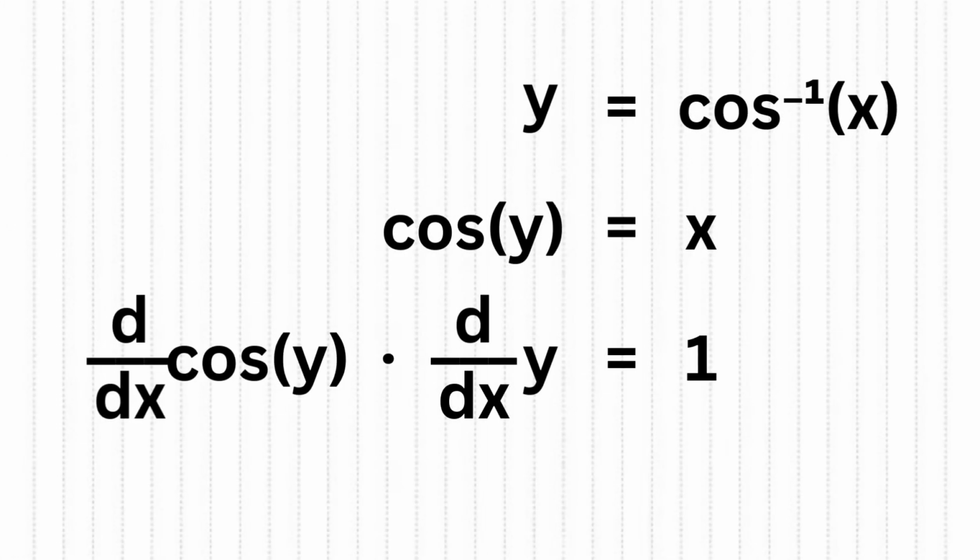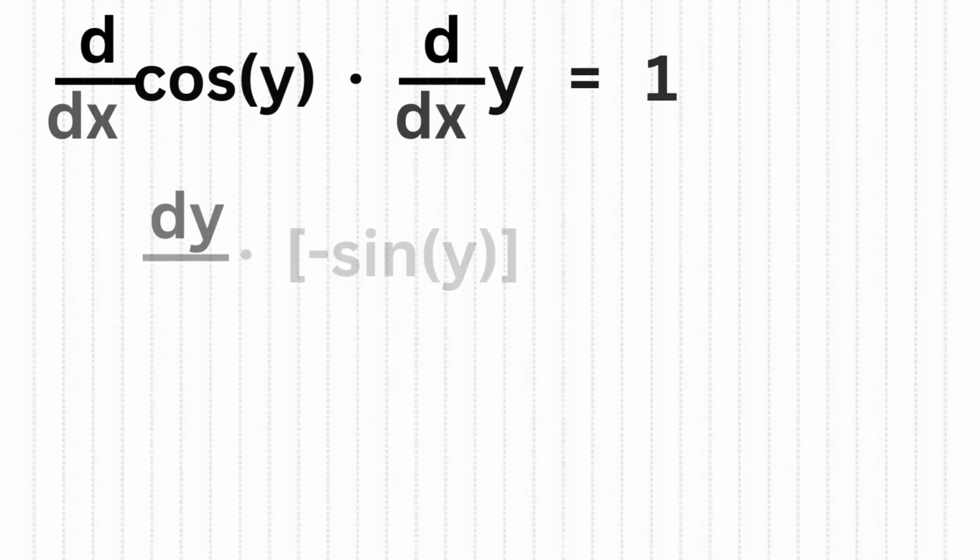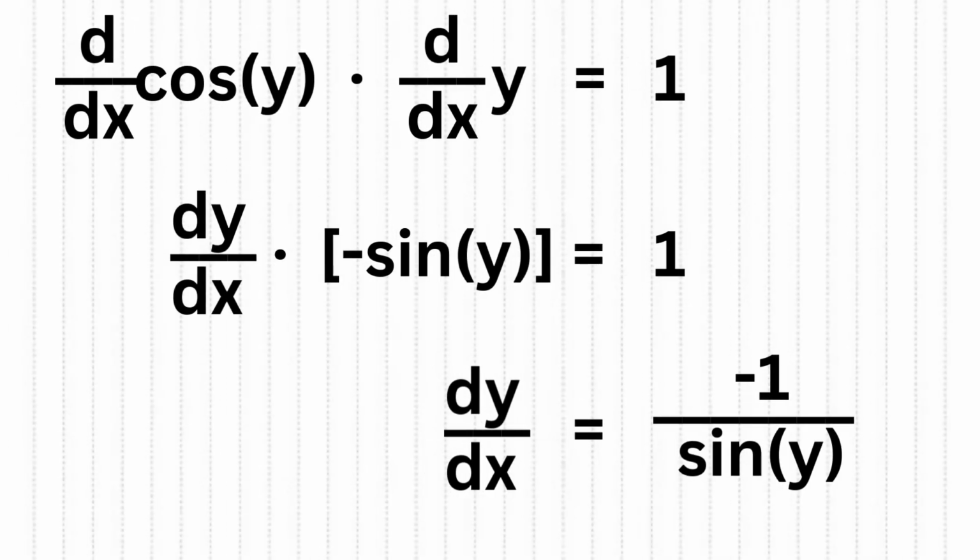Now, in the beginning, I said that we can also find the derivative of arccos by similarities. So I'll show it quickly. When y equals arccos of x, take cosine on both sides and implicitly differentiate. Derivative of cosine y is negative sine y, so dy dx equals negative 1 over sine y.